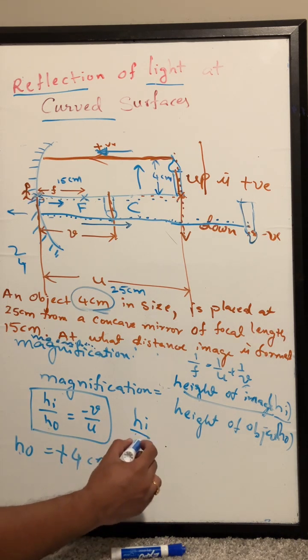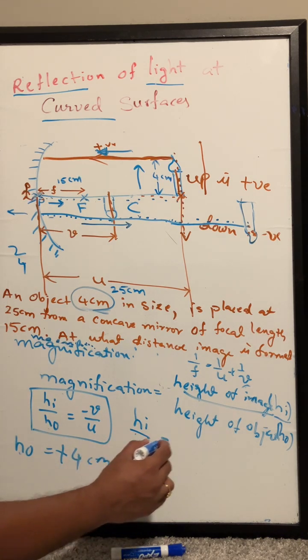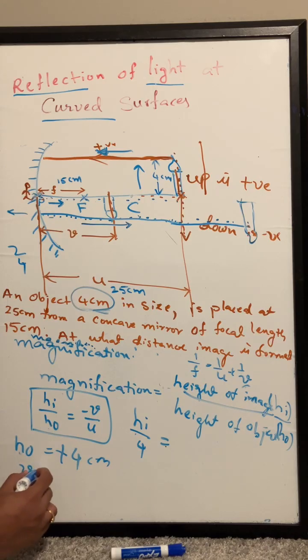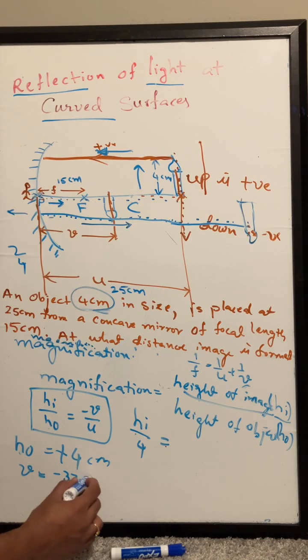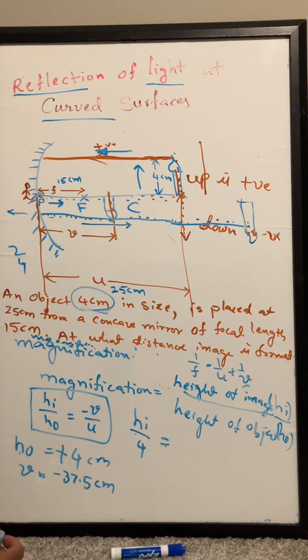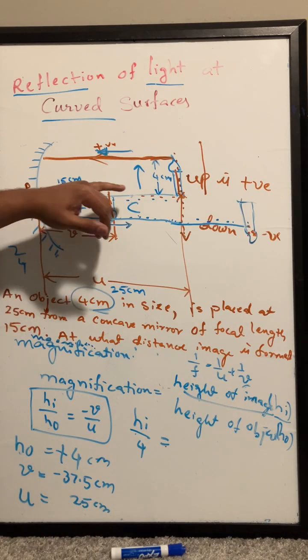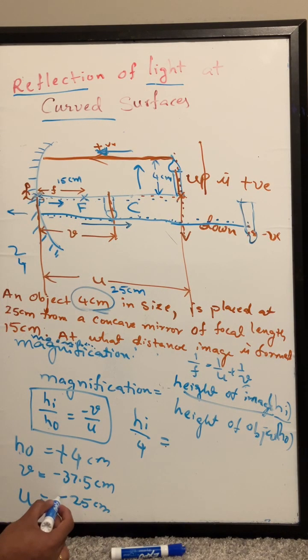So HI by 4 equal to V. We already got it in the previous one. It is minus 37.5. And U is 25 centimeters. We are going in the opposite direction of the light, so it is negative.